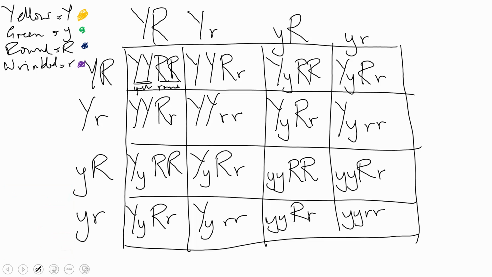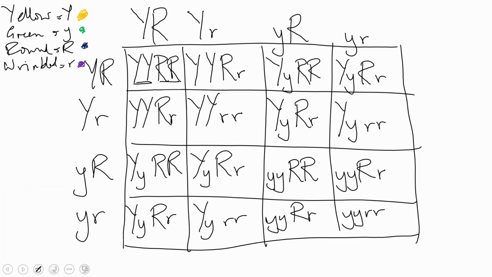Does that show up? Yeah, it does. So when we look at this big Punnett square, I know it looks a little scary, but it's really not. Instead of me writing all this stuff, we're going to put in colors. So I'm going to erase that, and we're going to put in the colors.